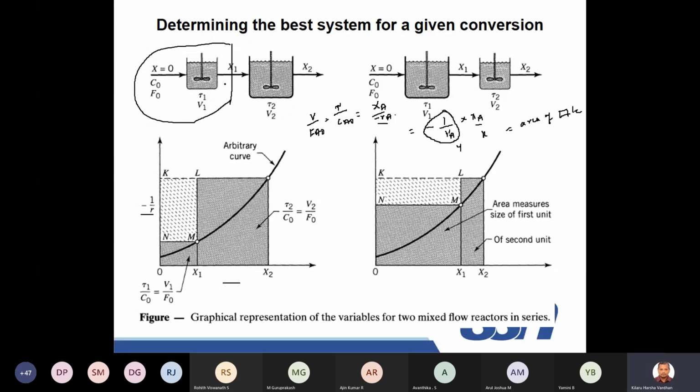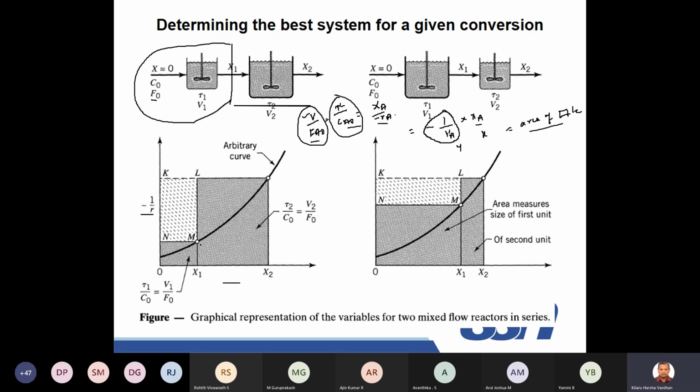So where I have to put how much volume is required, we know that if I calculate the area of this particular rectangle, I will get tau by CA naught or V by FA naught. Since I know the flow rate, I can calculate the volume, or since concentration is known, I can calculate the tau. Correct.